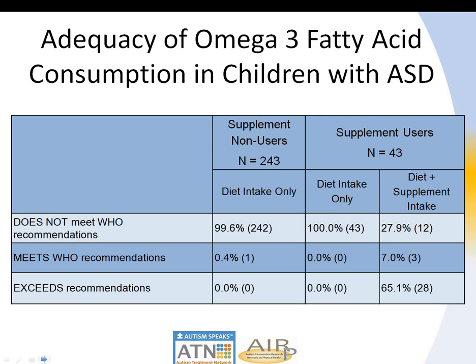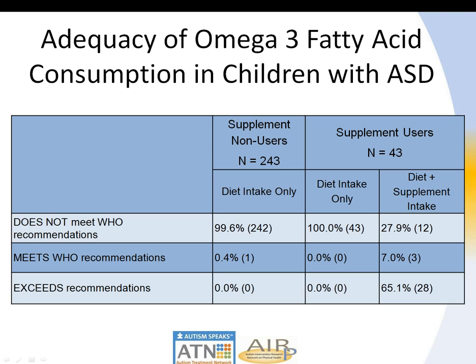So this slide tells us, percentage-wise in a more dramatic way, who was able to meet their adequate intake based on food alone. And you can see out of all of these children, there was only one child who was able to do that. From supplements, what's very interesting is that despite supplementation, a little less than a third of the children still did not reach their adequate intake, and 65% of the children who were supplemented exceeded the recommended intake.